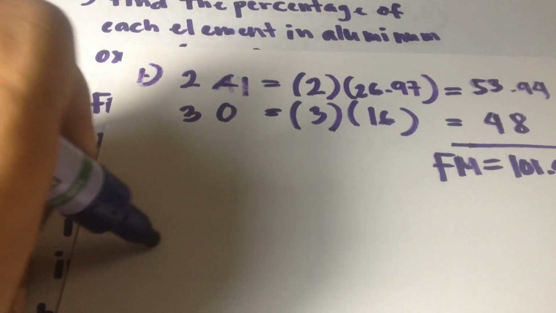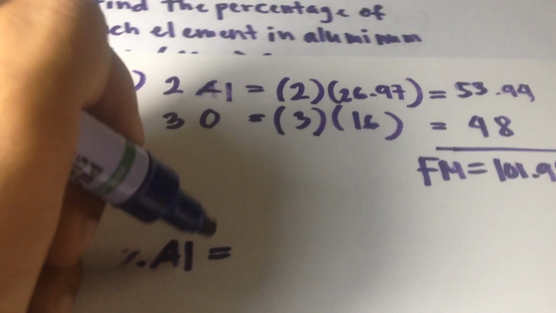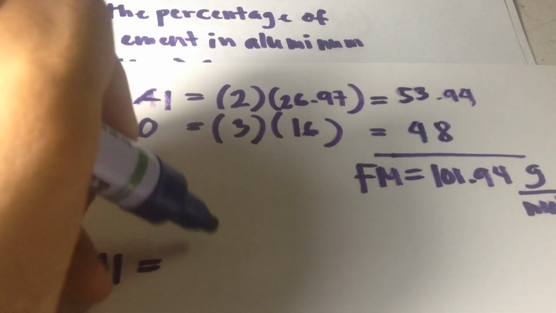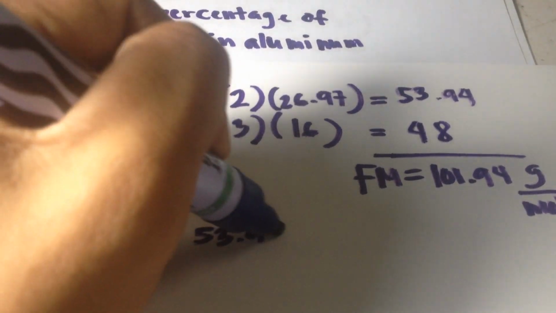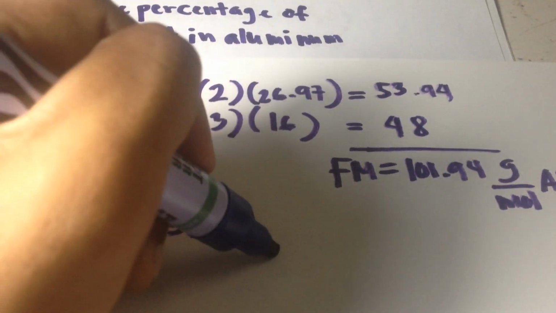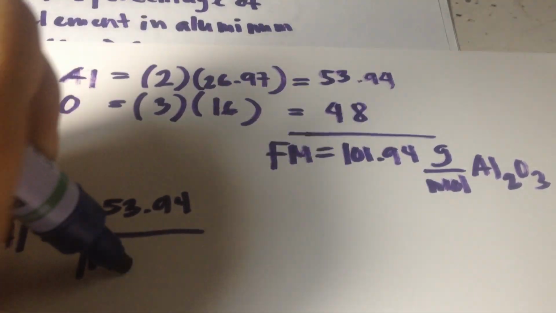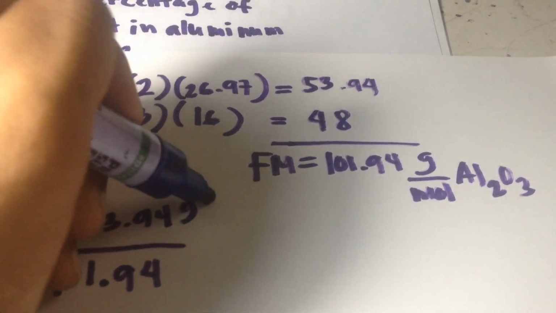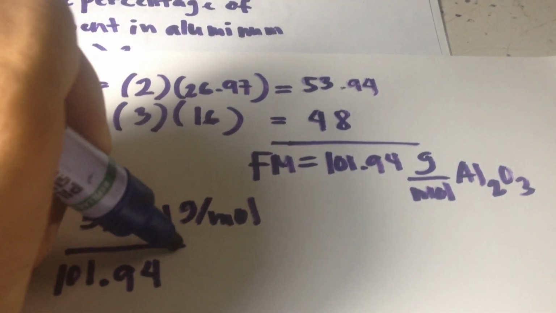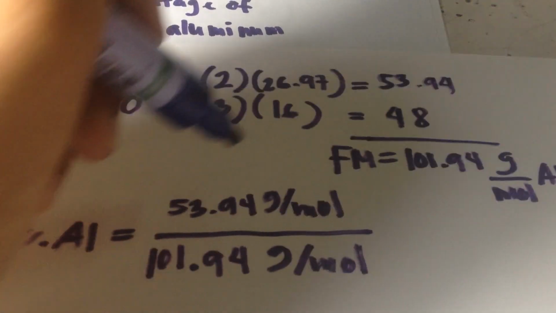So, percent of Al is equal to 53.94 divided by the formula mass, which is 101.94. So, there's grams per mole and grams per mole again, and then times 100%.